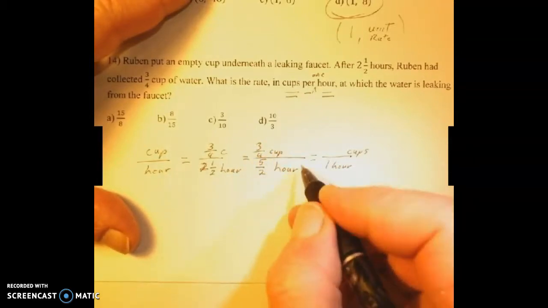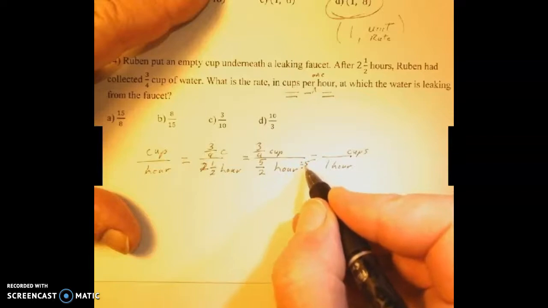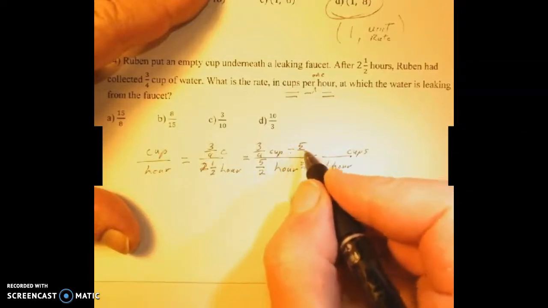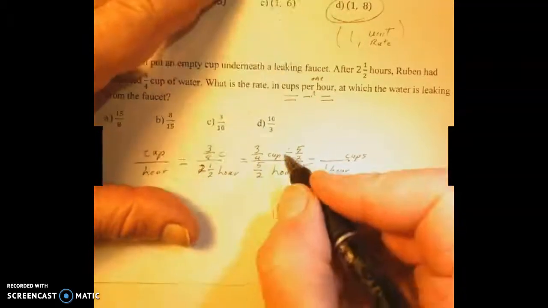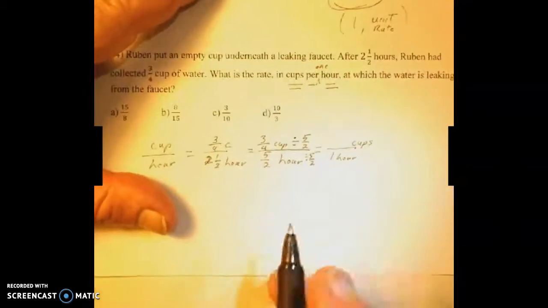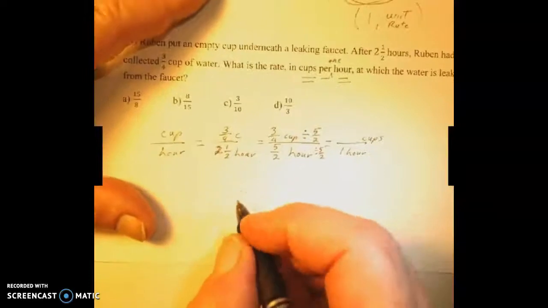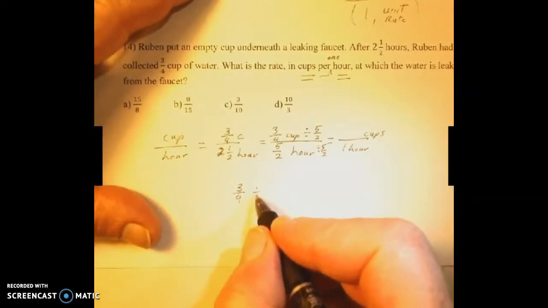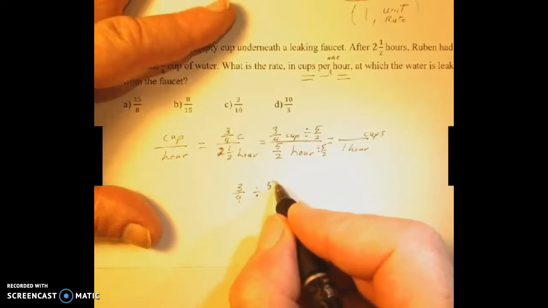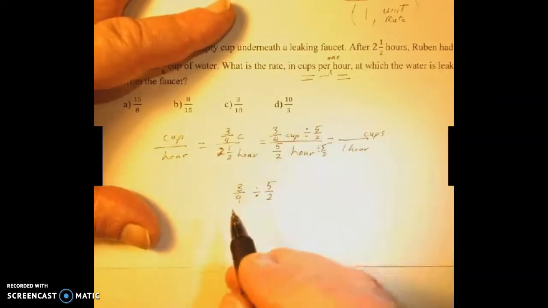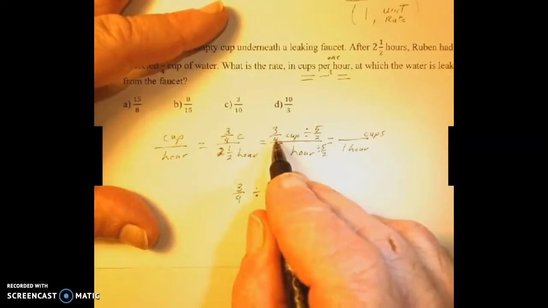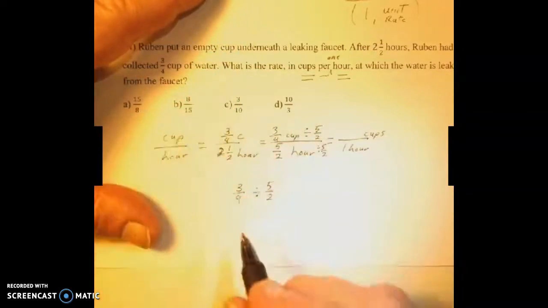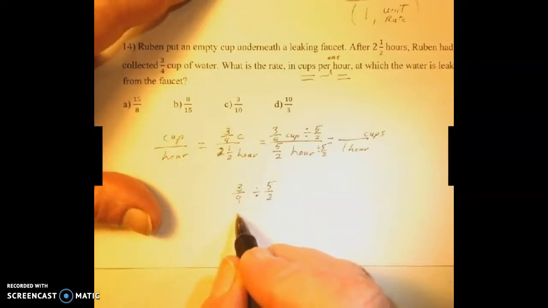To make this become 1 hour, you're going to divide by 5 halves. Do the same to the top. Divide by 5 halves, or 5 over 2, however you want to say it. Go off to the side and do your work. 3/4 divided by 5 halves. Be careful of your order. Okay, don't get these switched around, otherwise it's possible to get the wrong answer here.